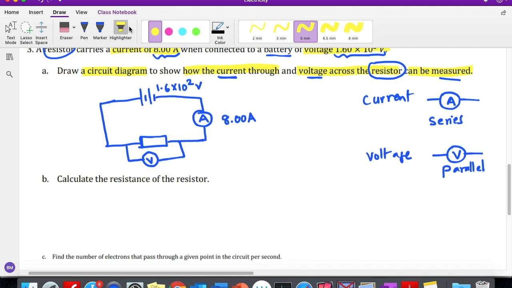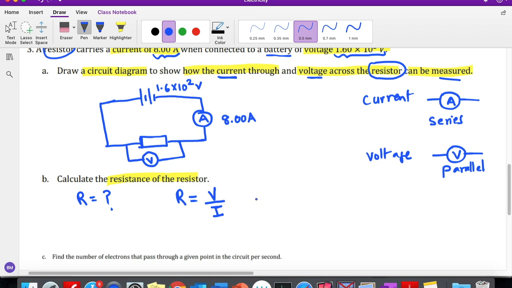Next question, it's asking you to calculate the resistance of the resistor. So it's asking you to calculate what is R. Now we have the formula for R. If you remember, we had defined resistance as potential difference divided by current, and this question is giving you both potential difference and current.